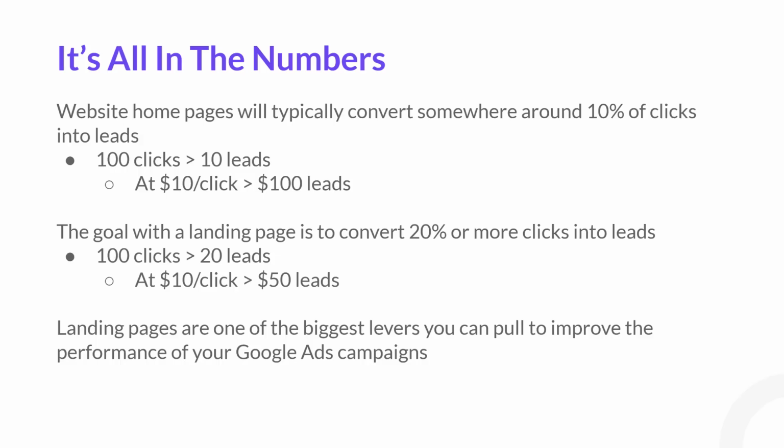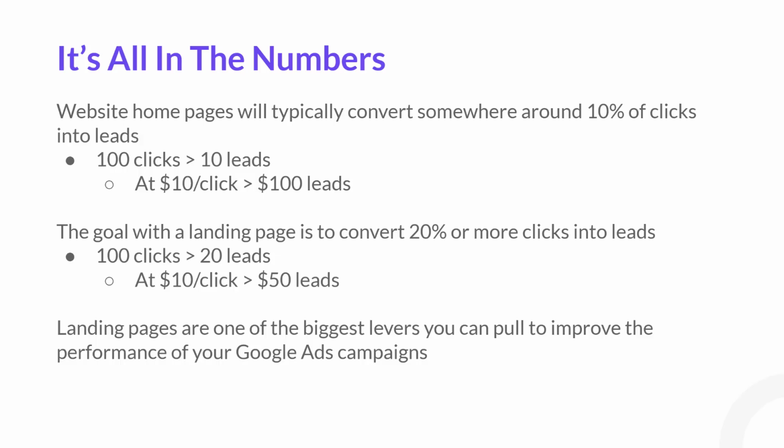Now, the goal of the landing page is to convert at least 20% or more of your clicks into leads. That conversion rate can obviously vary based on the industry. If it's more of an emergency kind of service, that conversion rate will usually be higher, but 20% on average is a good place to shoot for. And if you take those exact same 100 clicks, now at 20%, you're going to be getting 20 leads out of those 100 clicks. And if it's the same $10 a click, you're now taking $100 leads and turning that into $50 leads.